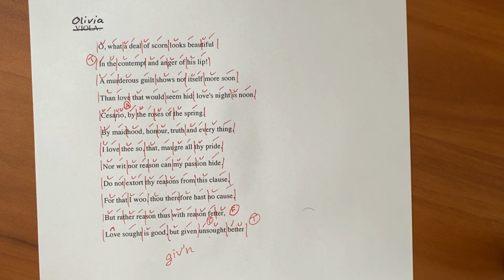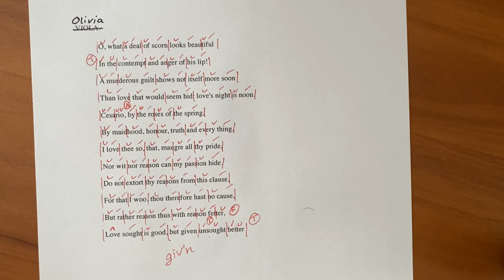Oh, what a deal of scorn looks beautiful in the contempt and anger of his lip. A murderous guilt shows not itself more soon than love that would seem hid. Love's night is noon. Cesario, by the roses of the spring, by maidhood, honor, truth, and everything, I love thee so that maugre all thy pride, nor wit nor reason can my passion hide.